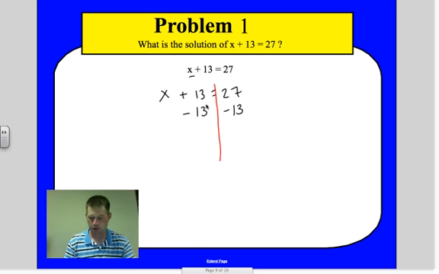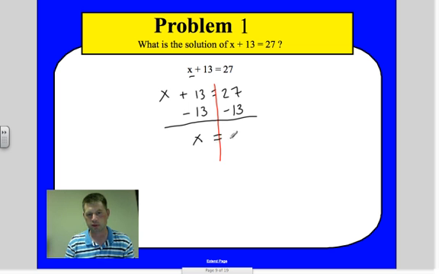Okay, and then we can just draw the line going across, and we walk through it. If I have x plus 13 and then minus 13, these cancel to give me just x, and that equals 27 minus 13, which is 14. Okay, so we need to simplify once we got there, and then check.